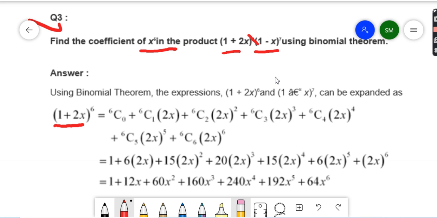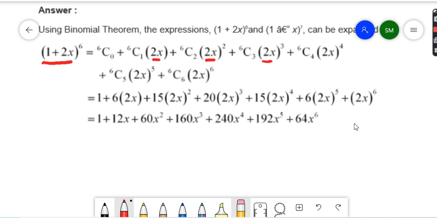So I am writing down all the terms. 6C0, 6C1, 6C2, up to 6C6, and x raised to 1, x raised to 2, x raised to 3, and so on. Okay, so this is your expansion: 1 + 12x + 60x square, and so on.